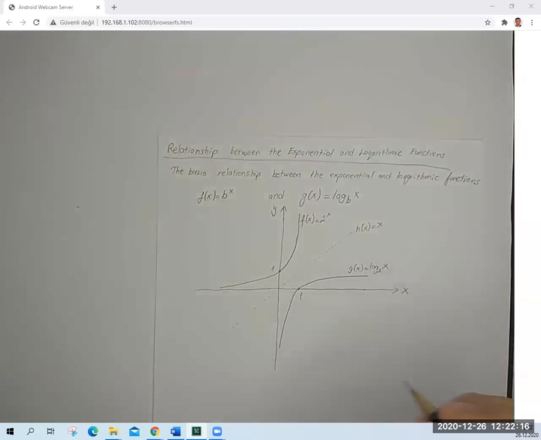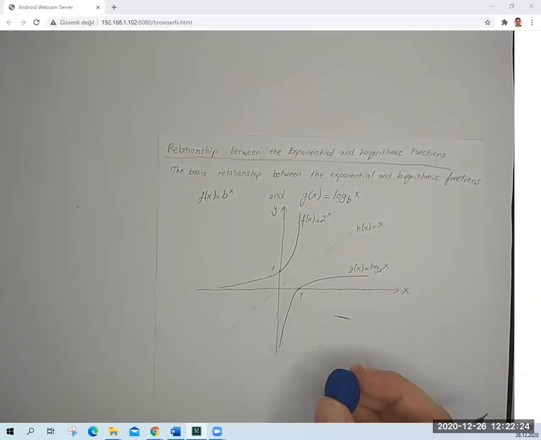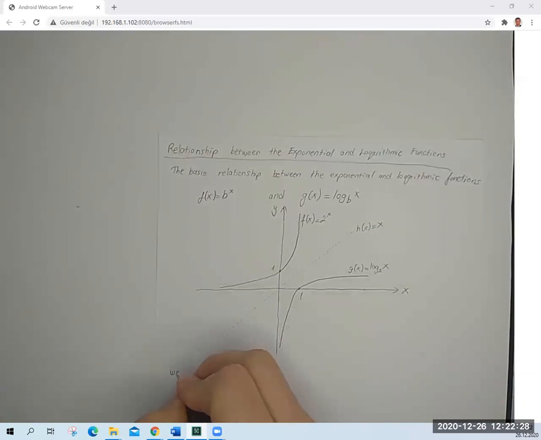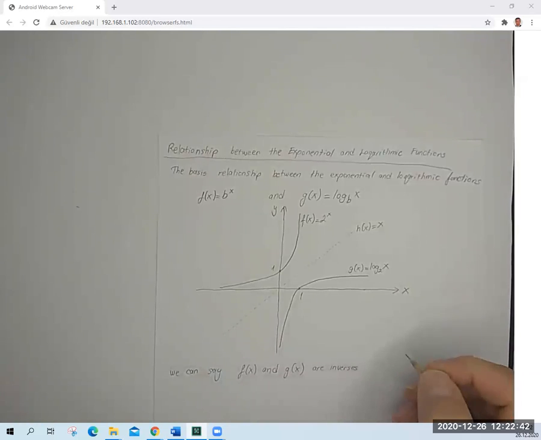So we can say f of x and g of x are inverses of each other.